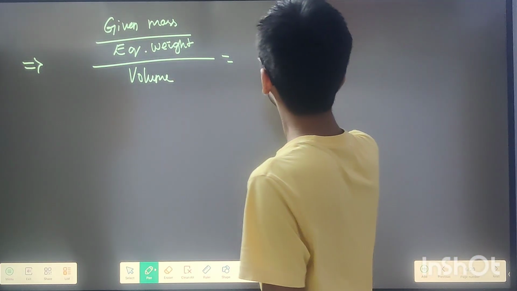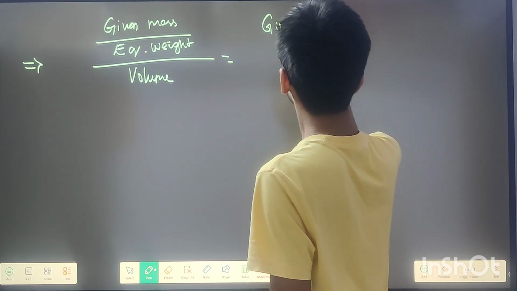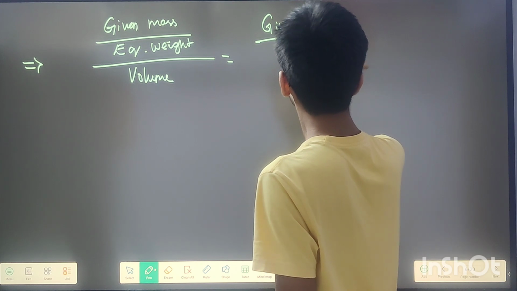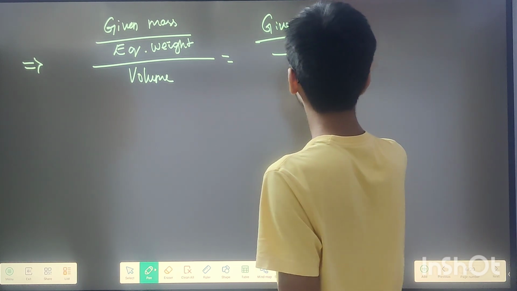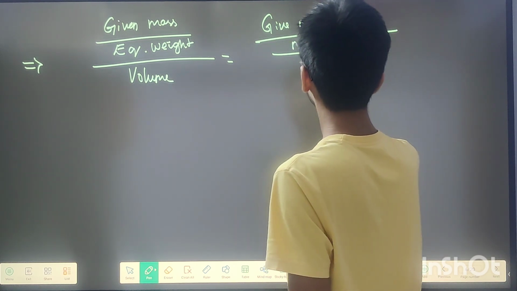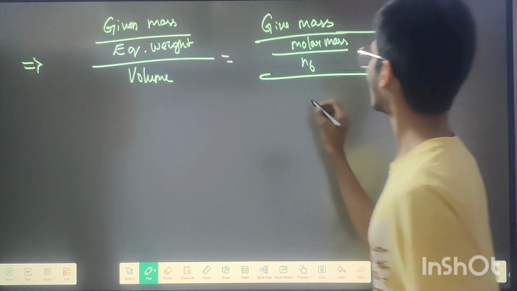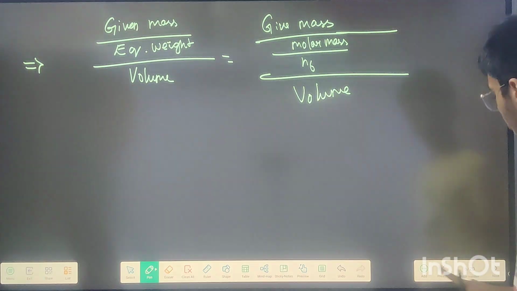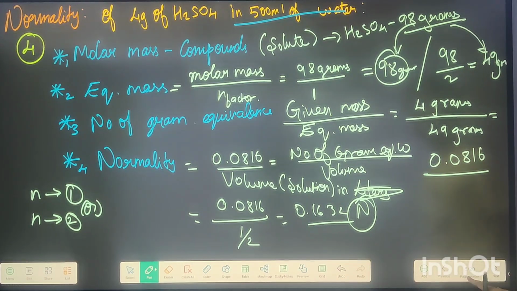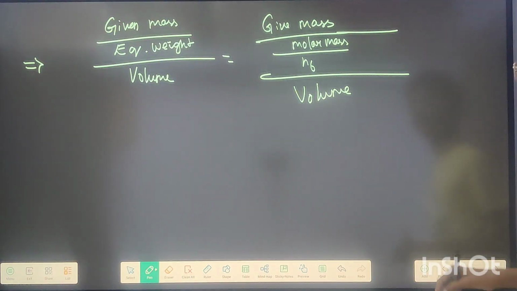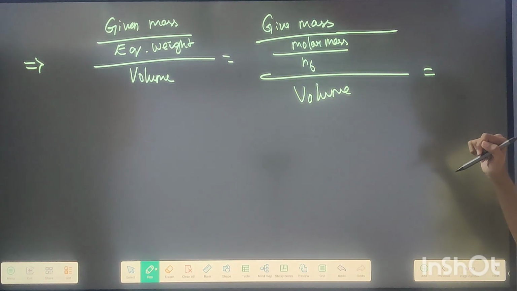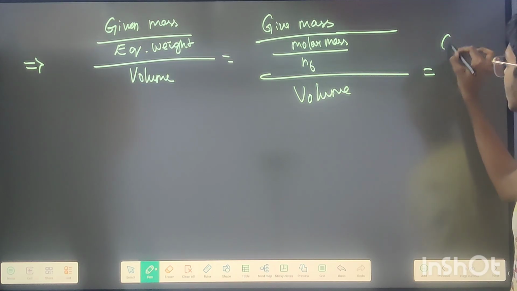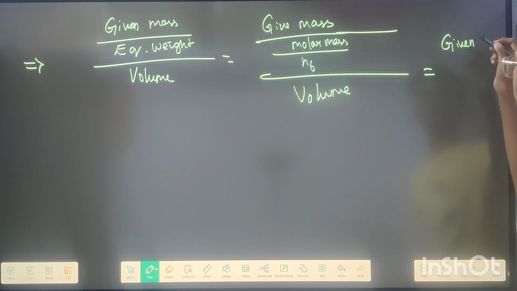So given mass, whole divided by molar mass, then by this n factor, then whole divided by volume. Equivalence weight, or equivalence mass, is molar mass by n factor.